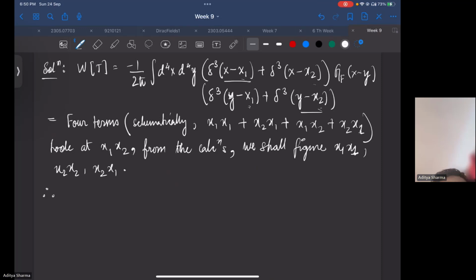Before this, the term is equal to the sum J12, which is equal to minus 1 by 2 h squared integral d4x d4y, divided by the x minus x1.